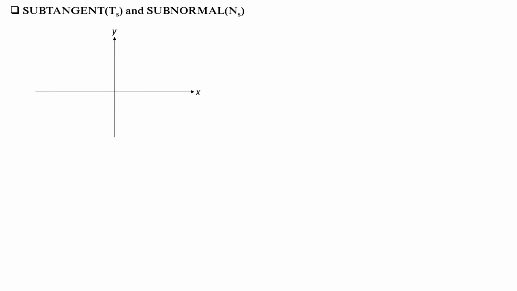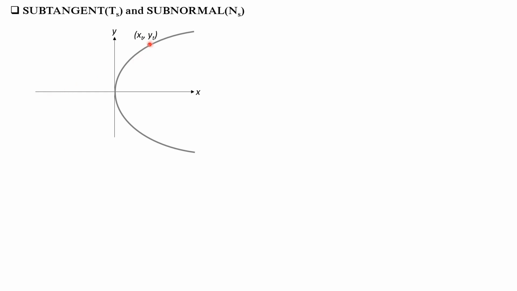So the last part would be about subtangents and subnormals. So let's have the conic first. Let us say that's the conic, and we have a point of tangency, which is at x sub t comma y sub t. Then the tangent line is drawn intersecting the x-axis.